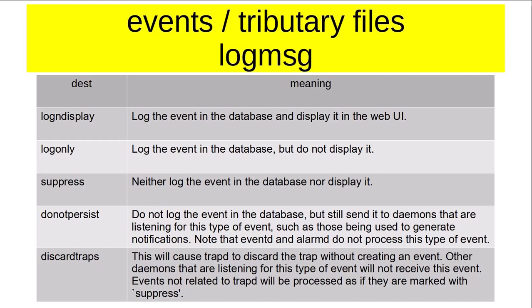Discardtraps applies only to traps coming in via trapd. This will cause trapd to discard the trap without creating an event. Other daemons that are listening for this type of event will not receive the event. Events not related to trapd will be processed as if they are marked with suppress.